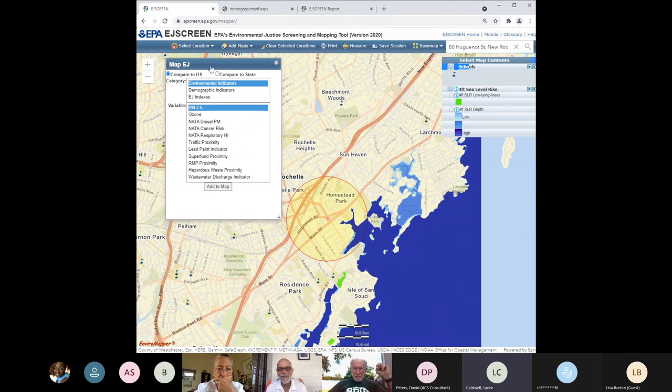As Tawana mentioned, there are 11 environmental indicators, and most of them have to do with air, and they all have to do with different things. There's also demographic, well, I'll show you. So let's look at diesel. This is diesel particulate matter levels in the air. So this is just the straight environmental indicators.